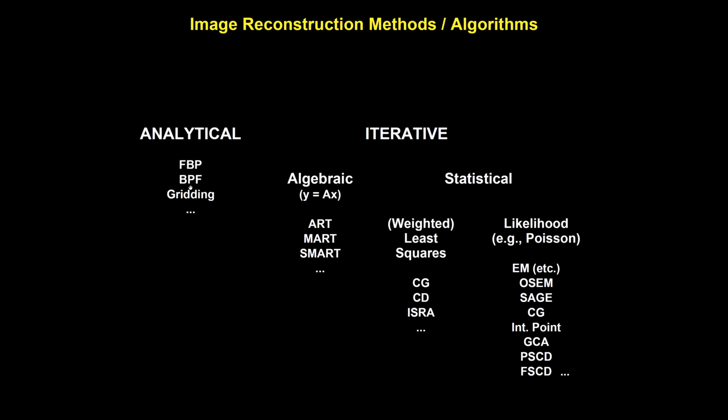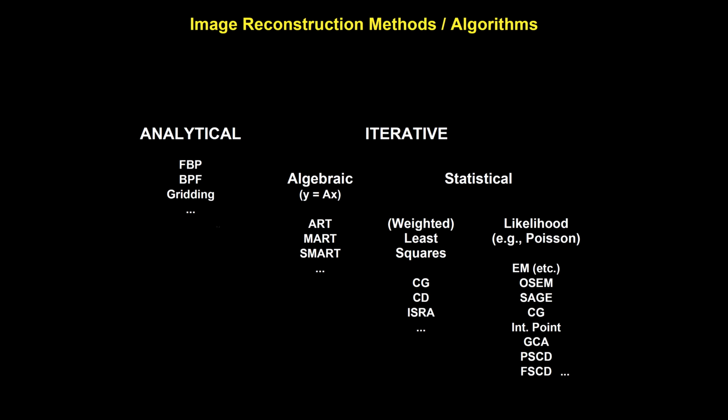In the traditional methods that don't consider any noise, you have FBP and BPF. In this one, you do the back projection first, then you do the filtering. This is a very nice, elegant method using the Hilbert transform.